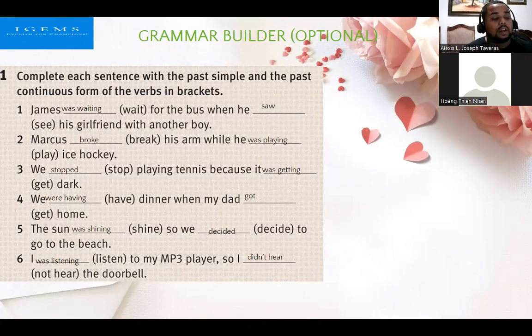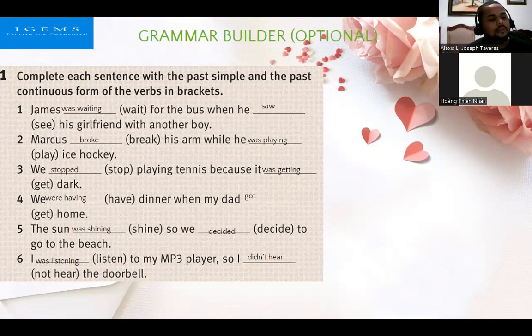Marcus broke his arm while he was playing ice hockey. Number 3: we stopped playing tennis because it was getting dark. Number 4: we were having dinner when my dad got home.